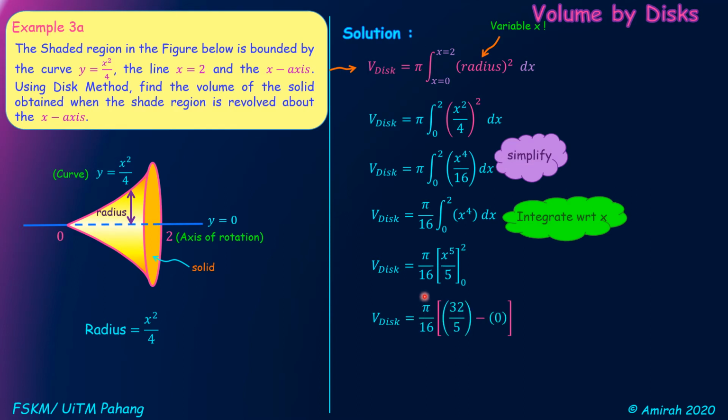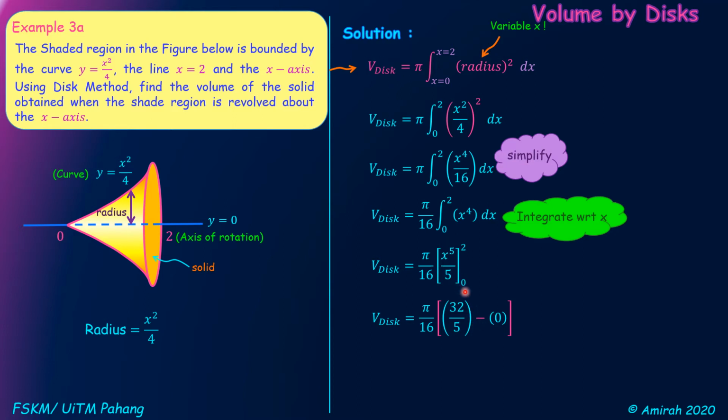Alright, after that, we need to replace upper limit into variable x here. And then in between, minus. And then we replace lower limit into variable x here. So after we replace upper limit 2 into variable x here, we get 32 over 5. And then in between is minus.